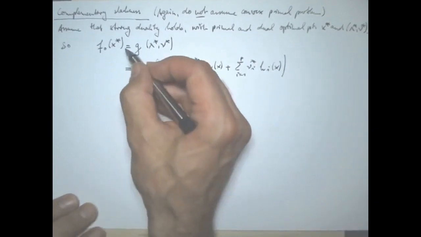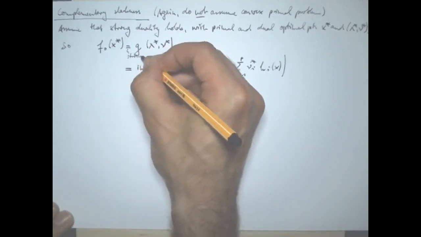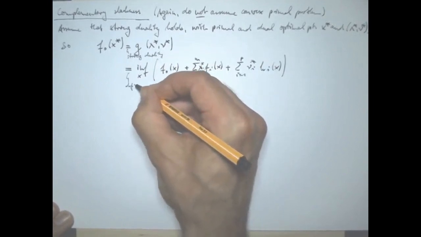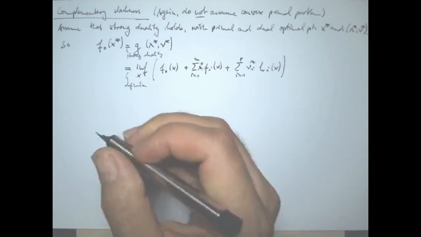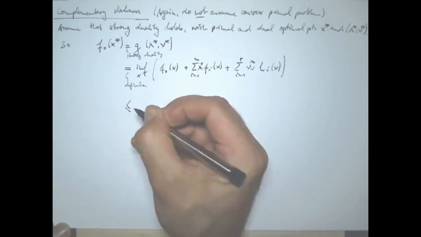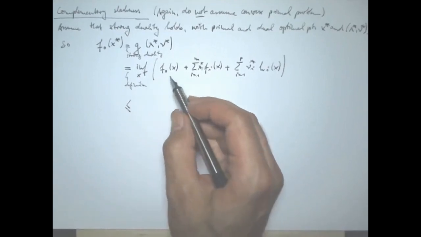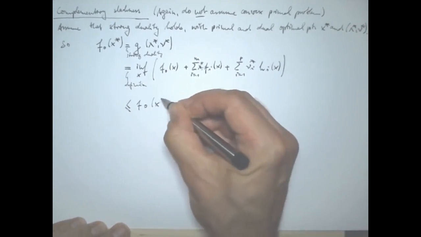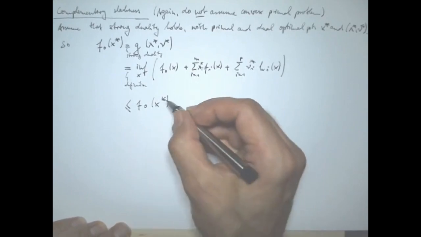This first equation was using the assumption of strong duality, and the second equation was just using the definition of the dual function. And now I'm using the property that the infimum must give me a value smaller than or equal to my optimum value.